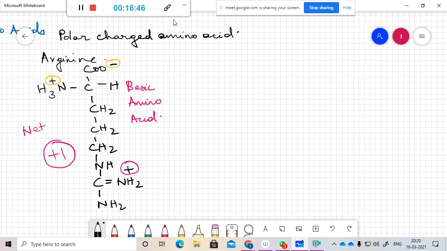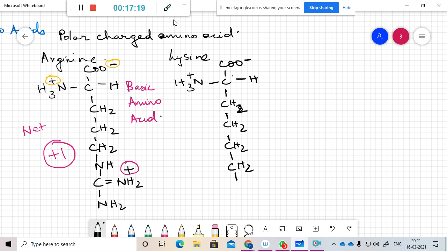Similarly, like arginine, you have lysine. You go in the same manner. Lysine has just one more carbon: CH2, CH2, CH2, CH2.